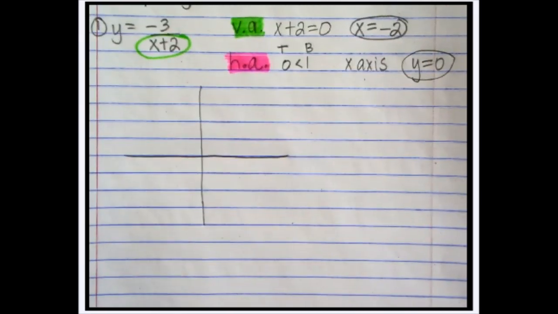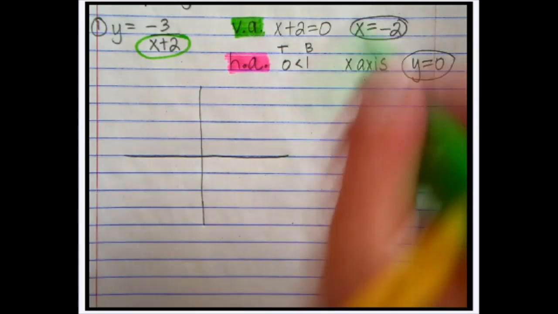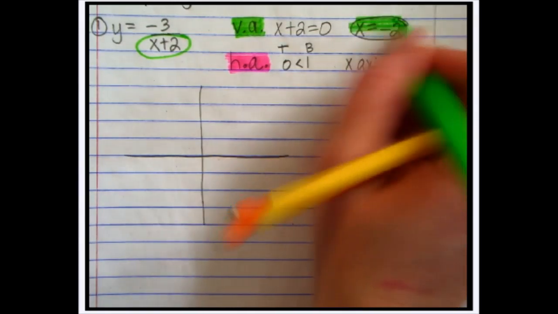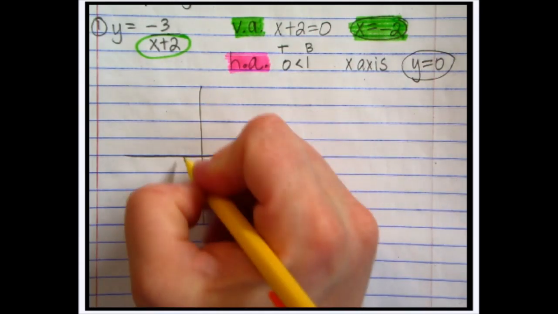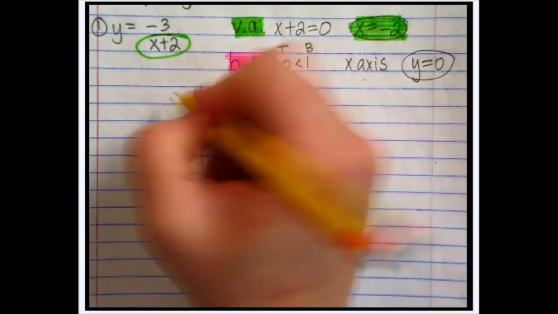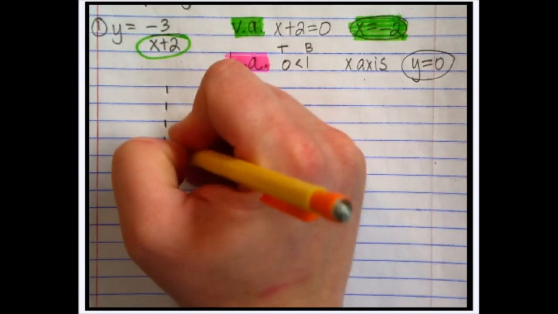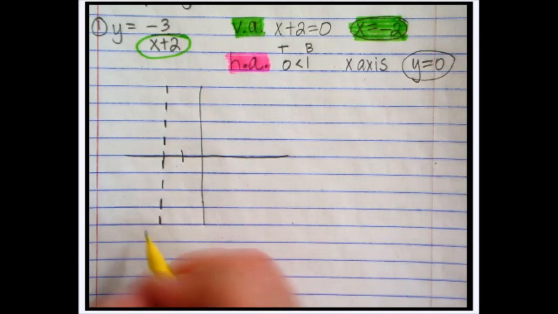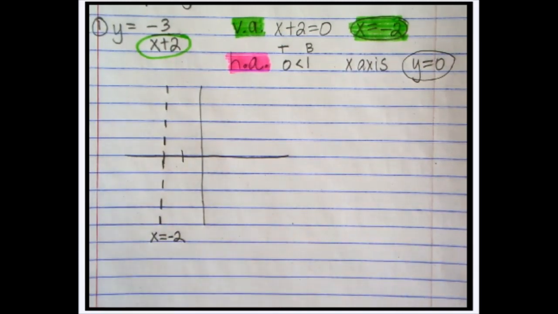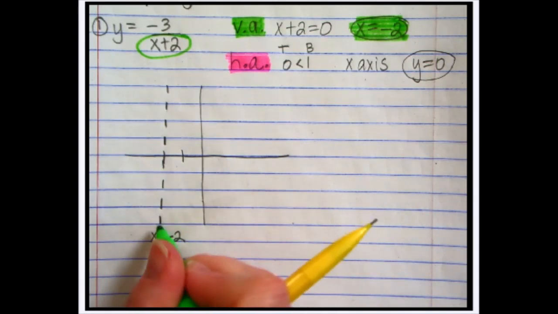The first thing we want to graph is our vertical asymptote. x equals -2 is a vertical line, so we go left 2 and draw it as a dashed line. It's a good idea to label it.